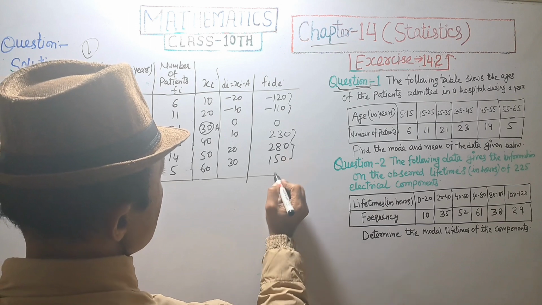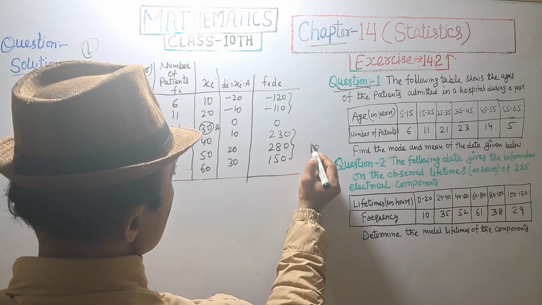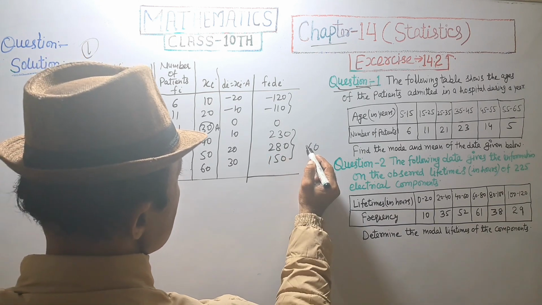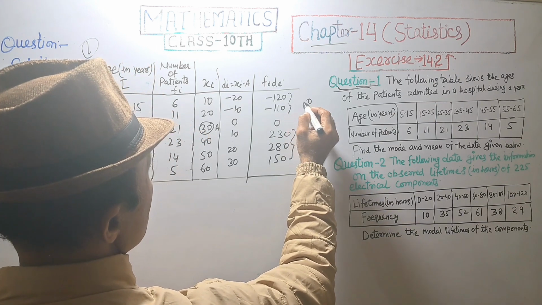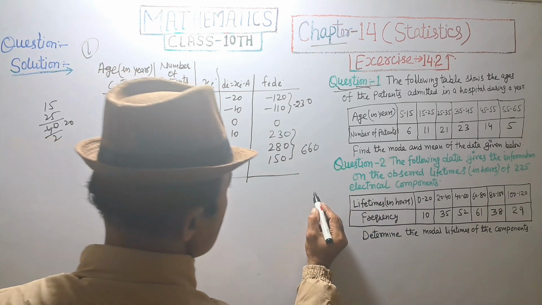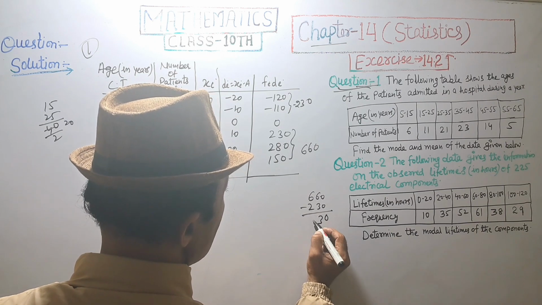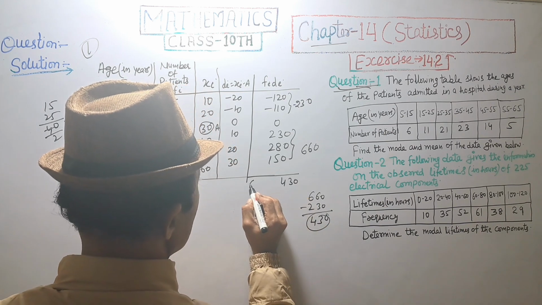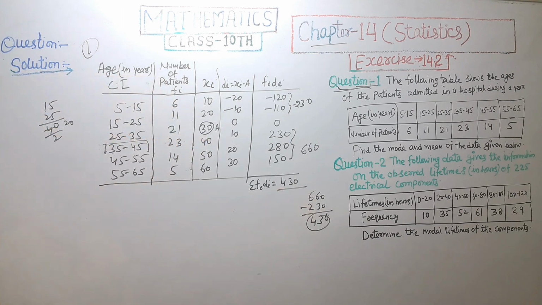And the sum of positive numbers is equal to 660, and the sum of negative numbers is equal to minus 230. So 660 minus 230 is equal to positive 430. So summation Fi di is equal to 430.